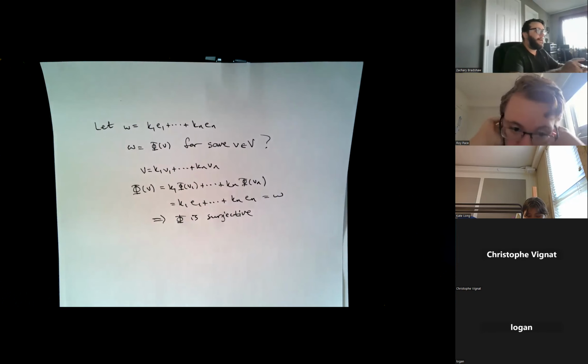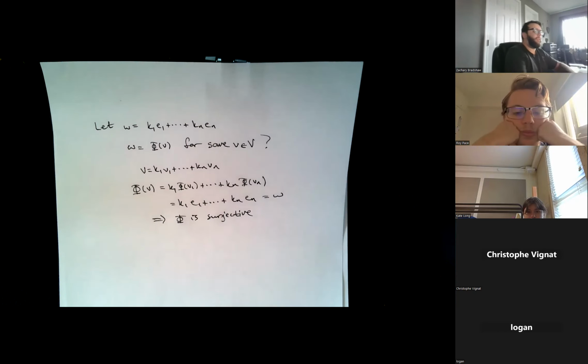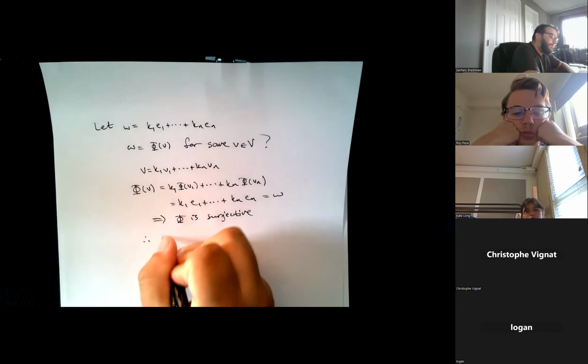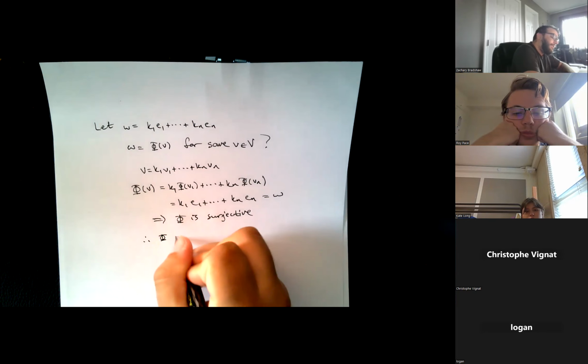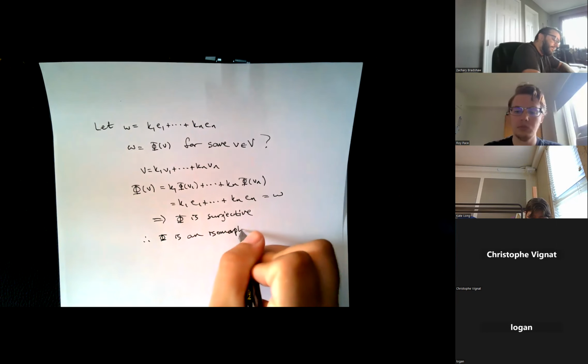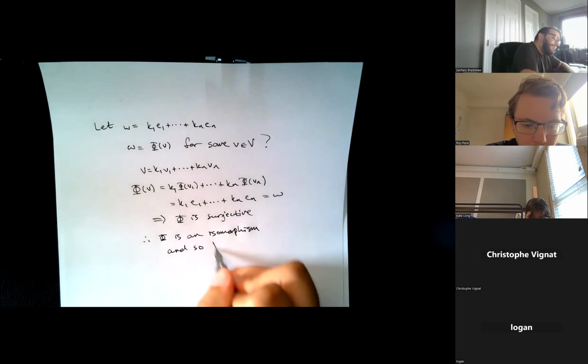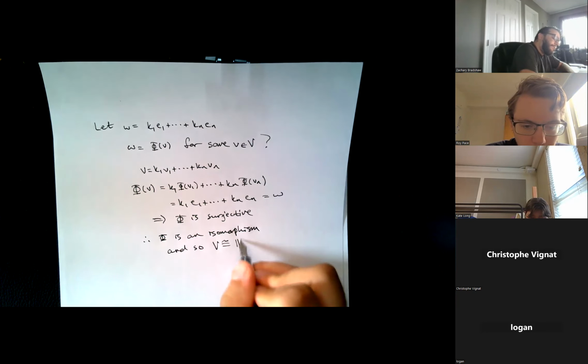We just found injectivity and surjectivity. That means it's a bijection. It's a linear bijection. That's an isomorphism. So therefore, phi is an isomorphism. And so V is isomorphic to Kn.